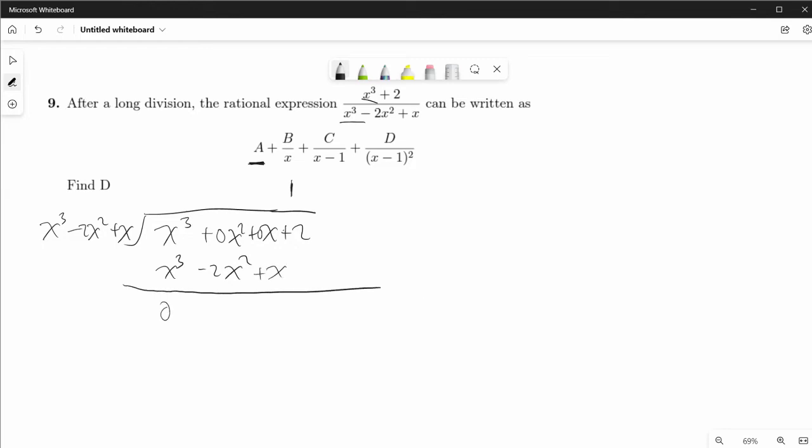Right, and then that will cancel out. That will be plus 2x squared minus x plus 2. Right, and that will be the constant in front, and this will be the remainder that will go on top of our partial fraction.